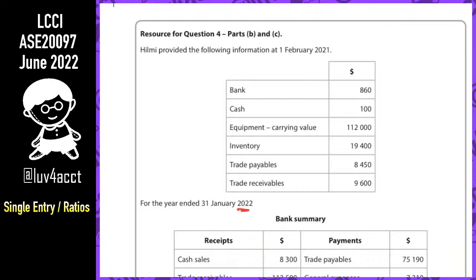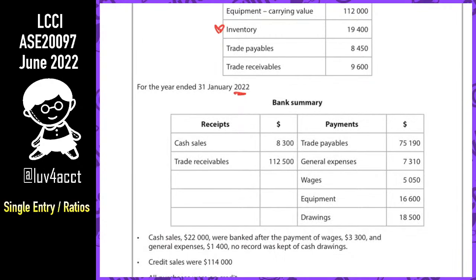I like this item because just now we said we need average inventory, so now we have opening. Then trade payables, trade receivables. Next, for the year ended 31st January, we have cash sales, receipts from trade receivables, and on the payment side, payment to trade payables, general expenses, wages, purchase of equipment, and also drawings.